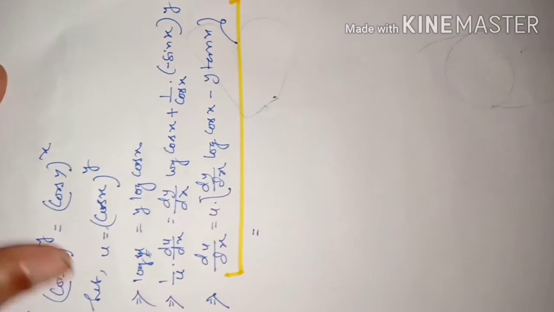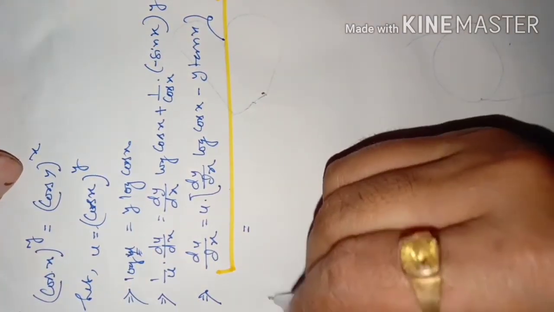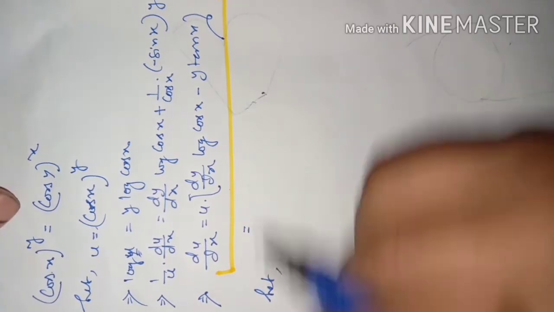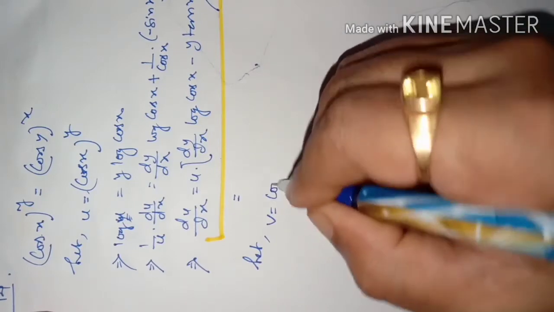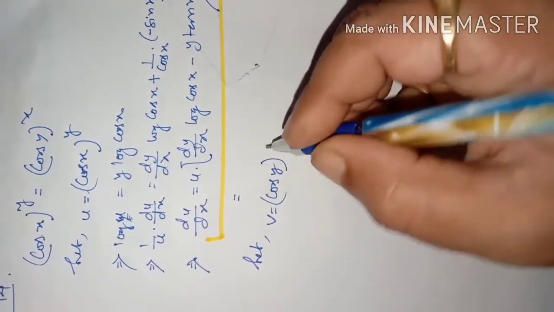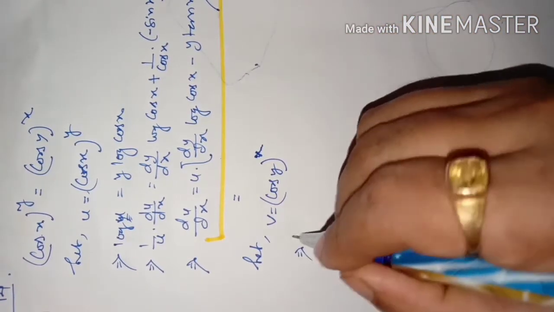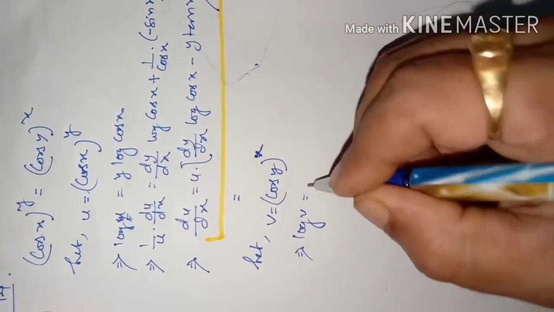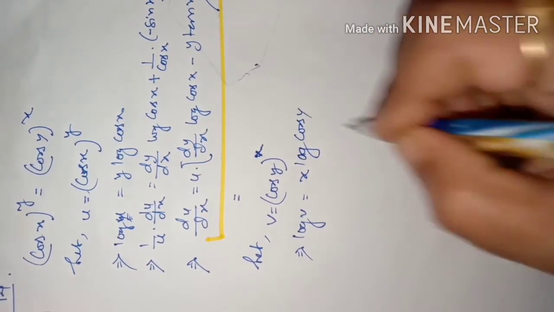Next, let us write (cos y) to the power of x as v. Let v be equal to (cos y) to the power of x. Then log v, in a similar way, is x times log of cos y.